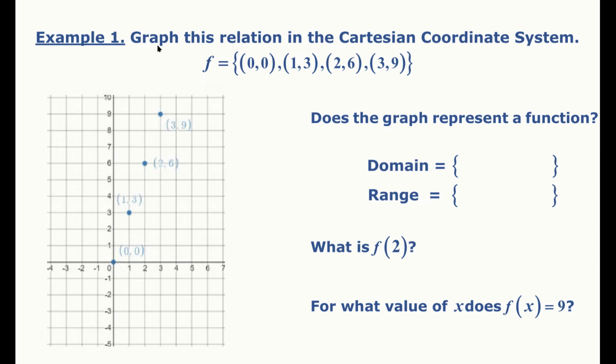All right, so let's say we want to graph this relation depicted here in the Cartesian coordinate system. Remember, we're going to use the familiar x, y axis, the Cartesian coordinate system, which is basically composed of a pair of perpendicular real number lines, and then we'll just plot these points, right?